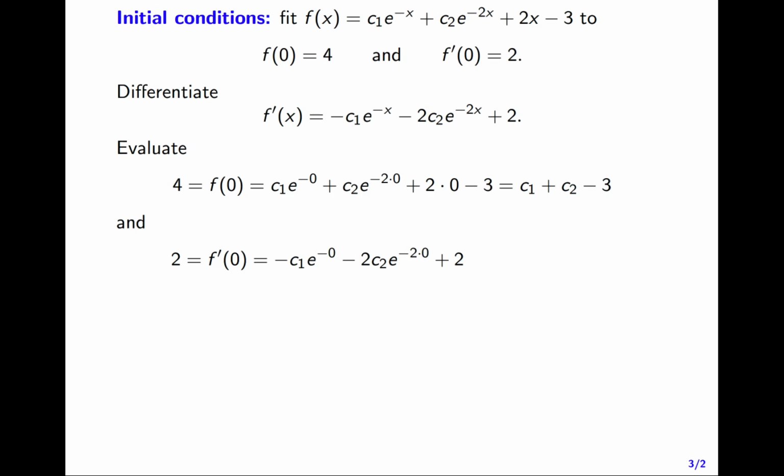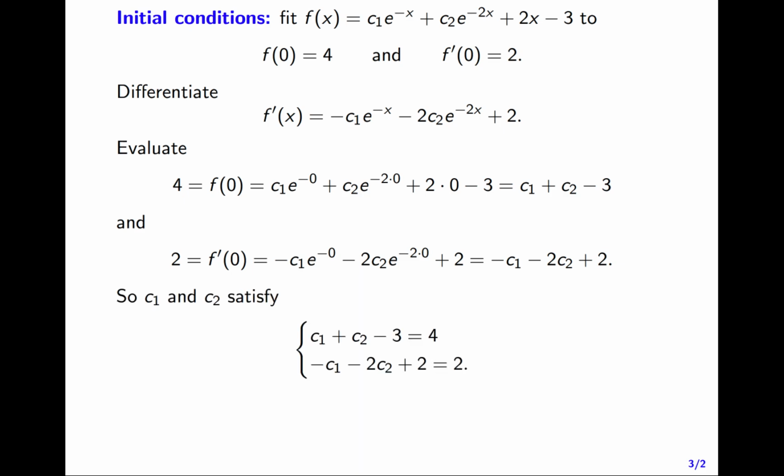And I want 2 equal to f prime of 0, so that's minus c1 e to the minus 0 minus 2c2 e to the minus 2 times 0 plus 2, and that's minus c1 minus 2c2 plus 2. So my coefficients c1 and c2 satisfy, as always, a linear system: c1 plus c2 minus 3 equals 4, and minus c1 minus 2c2 plus 2 equals 2.